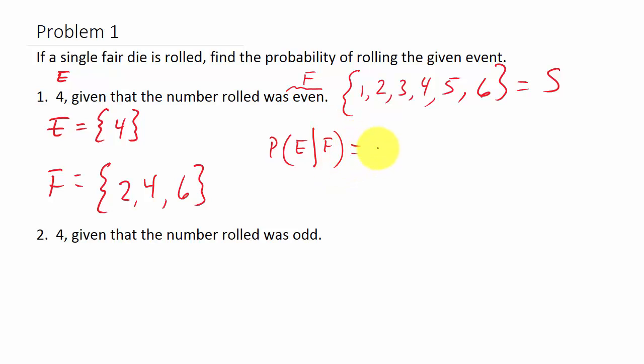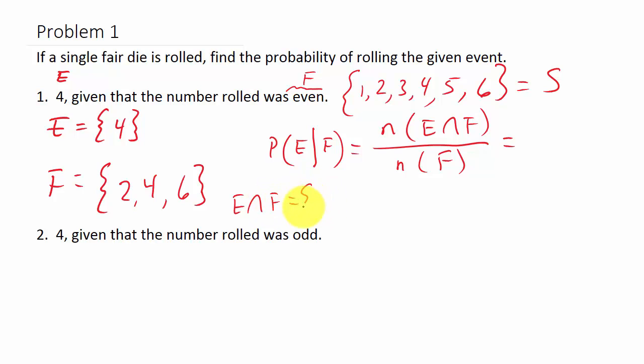So what we have here is the probability of rolling a 4, which that event is E, given it was even, and F means it was even. If we write this out, that's the number of elements in E and F divided by the number of elements in F. So how many elements are in E and F? Well, E intersect F is what they have in common.